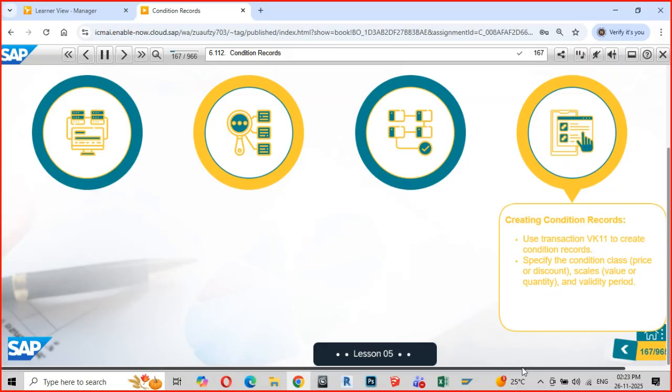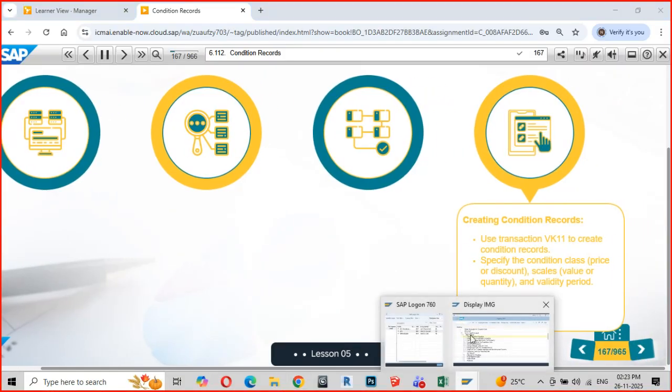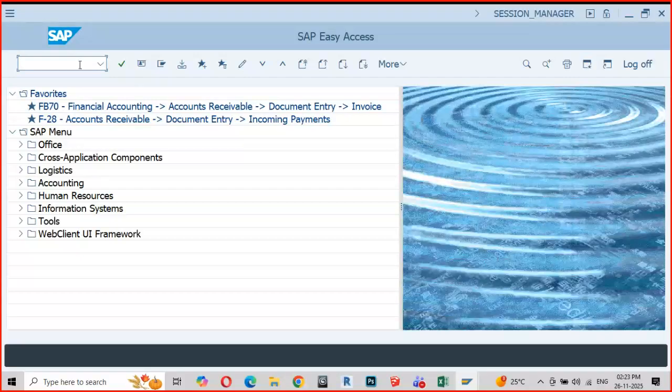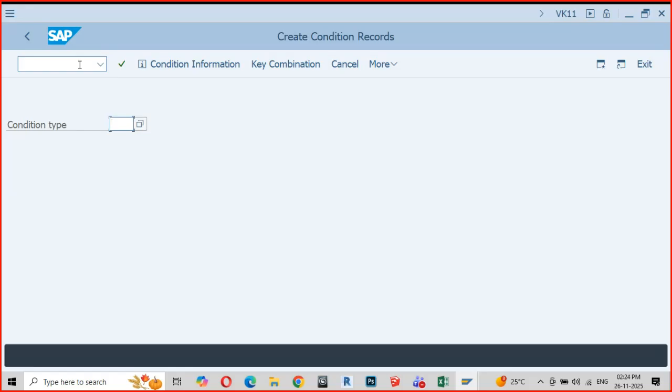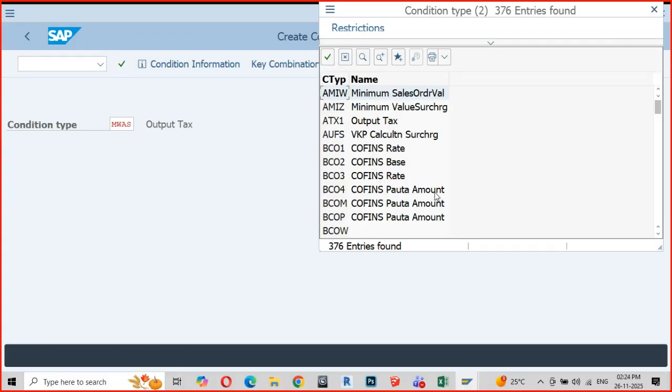Condition records, VK11, to create condition records. Of course, we may not be in a position to understand the whole meaning of this, but let us have a look at the transaction code. See, it will ask you for the condition type. MWAS. There is no access sequence. We saw the access sequence, right?